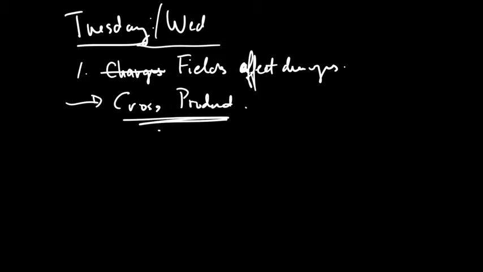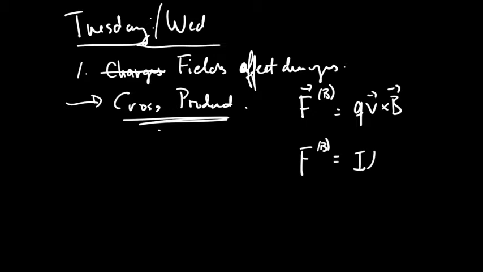We're going to be looking at both of these equations: the magnetic force is QV cross B, or the magnetic force is IL cross B. So in this case, we're always going to say, all right, what's the force on a charge given some field?